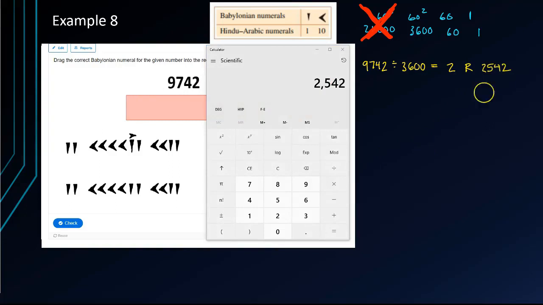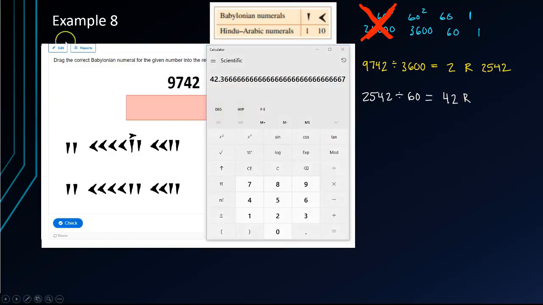2,542. Now I'm going to take this number and divide that by the next tier down, 60. And I get 42.3 repeating 6s. It's rounding to the 7 here, but you get the idea. So when I get here to the division, I'm going to get 42, and the decimal represents the remainder. So I'm going to subtract away the 42, which gives me this.